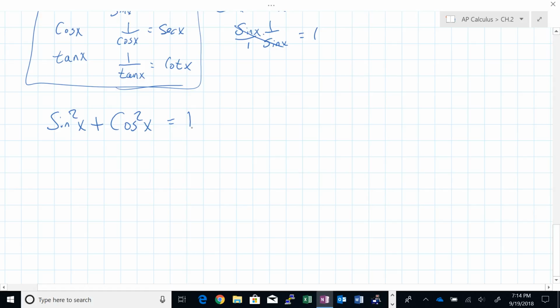And then from that we get some versions of it, meaning sine squared of x is equal to 1 minus cosine squared of x. And likewise, cosine squared of x is equal to 1 minus sine squared of x. All I'm doing is moving cosine squared to the other side and vice versa. So these are kind of the Pythagorean versions of sine and cosine.